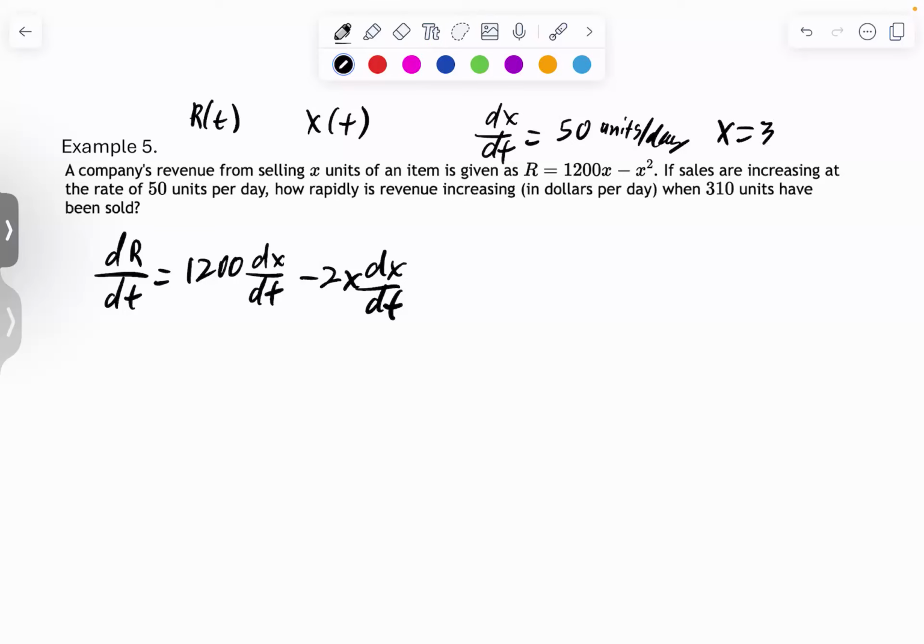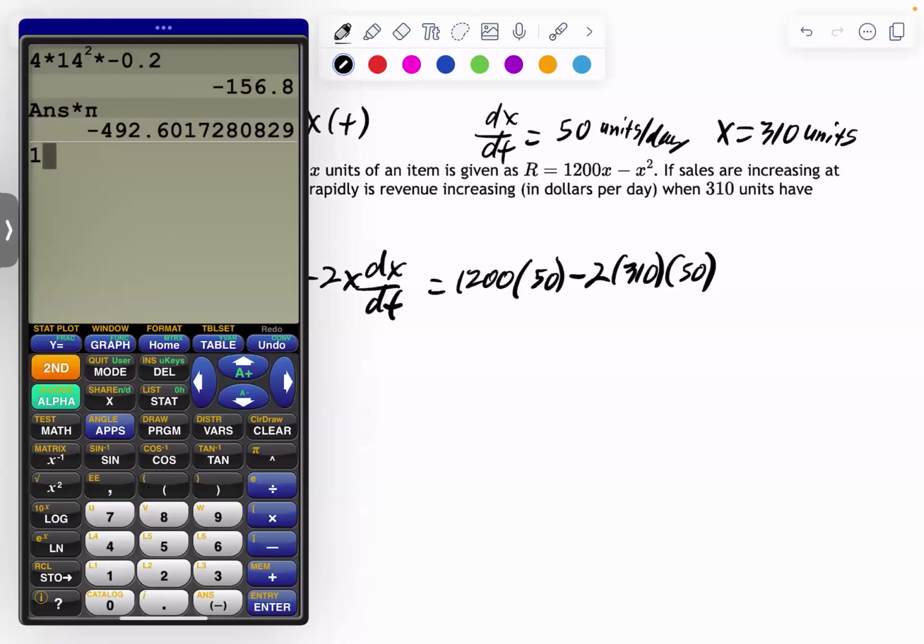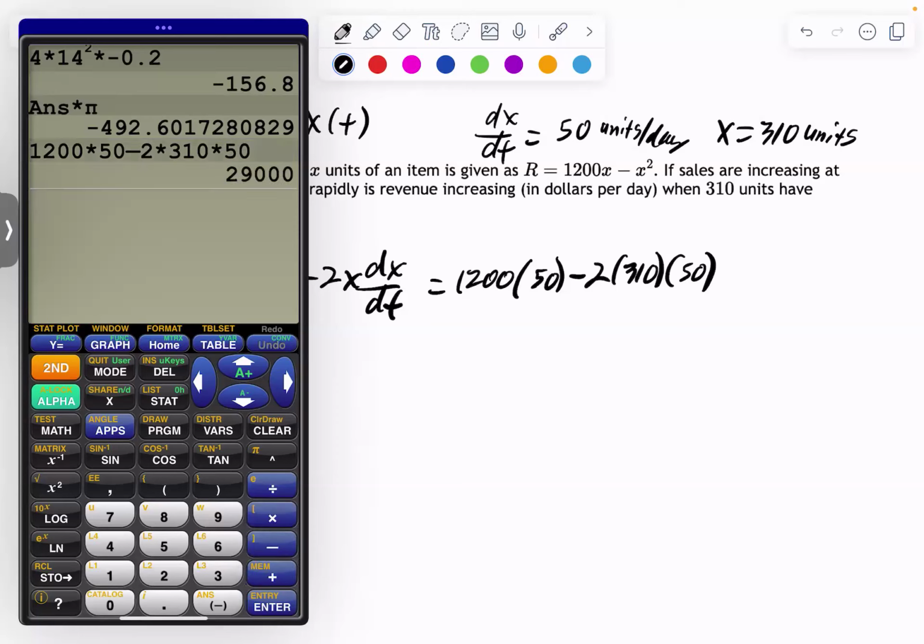They also give us that when x is 310 units. So we're going to plug in what we have. We have 1200 times dx dt, which is 50, minus 2 times 310 times 50. And let's see what we get. So I'm getting about $29,000 per day.